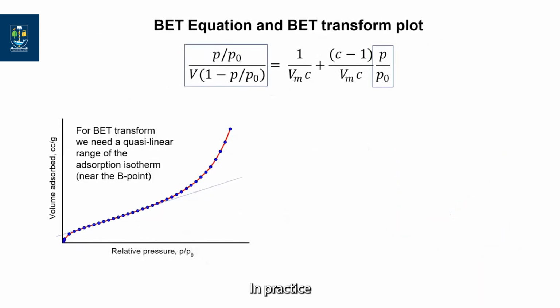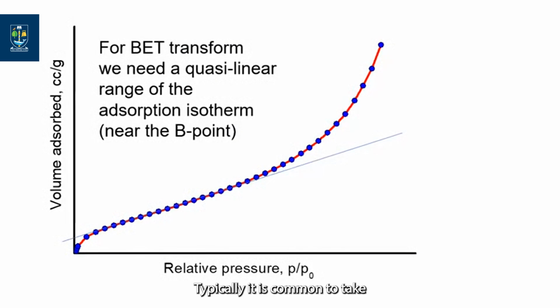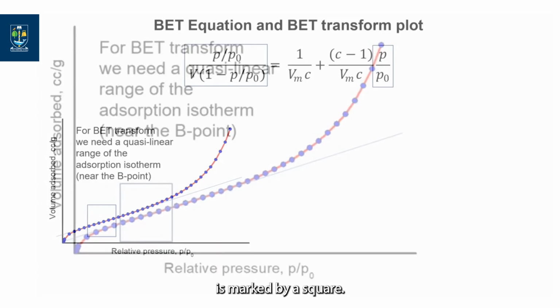In practice, when studying the adsorption data, we would like to plot a so-called BET transform plot. Typically, it is common to take a few points from the quasi-linear range in the adsorption isotherm data. This is the most likely region where we will find point B, or in other words, where the formation of a monolayer is likely to happen, marked by a square.